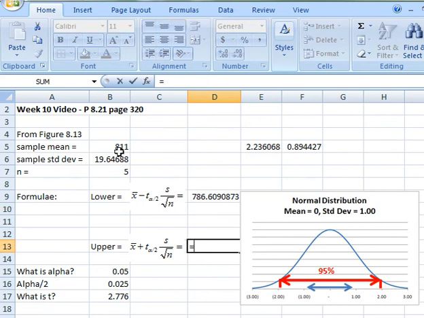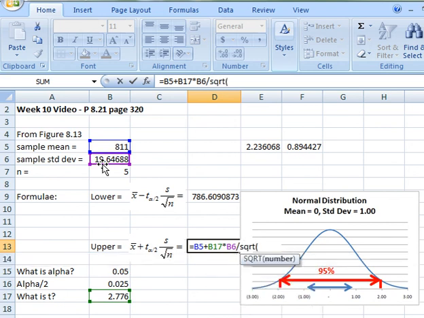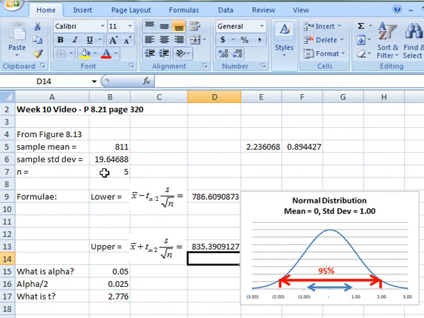Let's do it for the upper limit. Same deal, 811, except it's plus T alpha over 2 times S divided by the square root of 5. I could have put all those dollar signs in, couldn't I? But it's too much work. 835. So this range right here that I have in blue, if I were to put the true values in, ranges from 786 to 835 pounds.